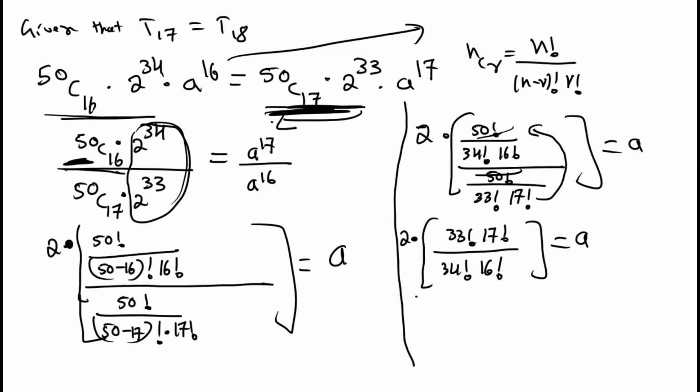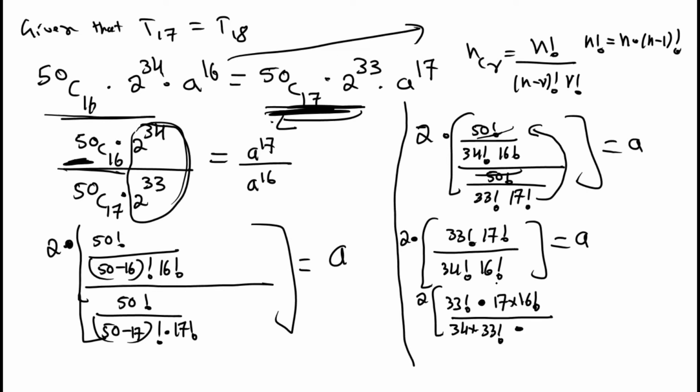Then we know 2 into 33 factorial into 17 factorial can be written as 17 into 16 factorial. Why? n factorial equal to n into n minus 1 factorial. So 17 factorial can be written as 17 into 16 factorial divided by 34 factorial. 34 factorial can be written as 34 into 33 factorial into 16 factorial equal to a.